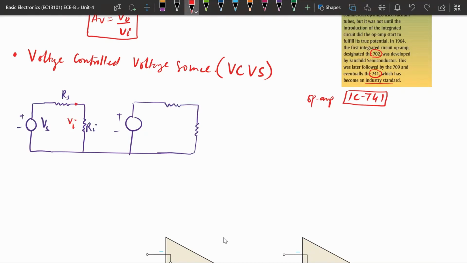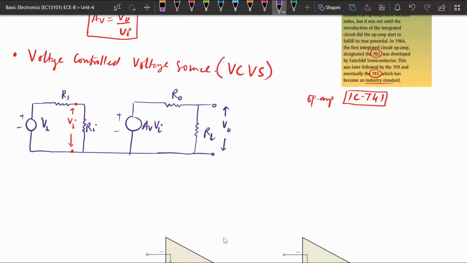This is the input voltage. This represents the equivalent circuit of a voltage amplifier. The gain is multiplied by the input voltage, so whatever input is there is multiplied by the gain. This gain term is in series with an output resistance, and across that the output voltage is taken. So this is the equivalent circuit of a voltage amplifier.